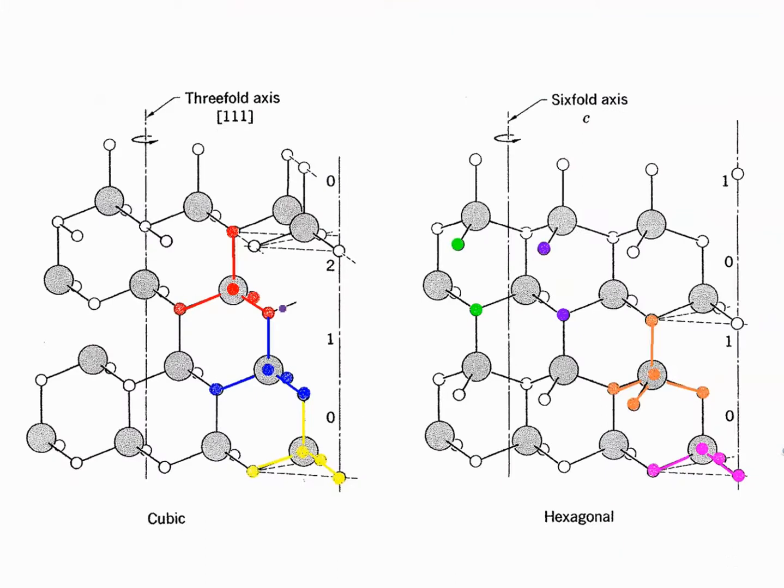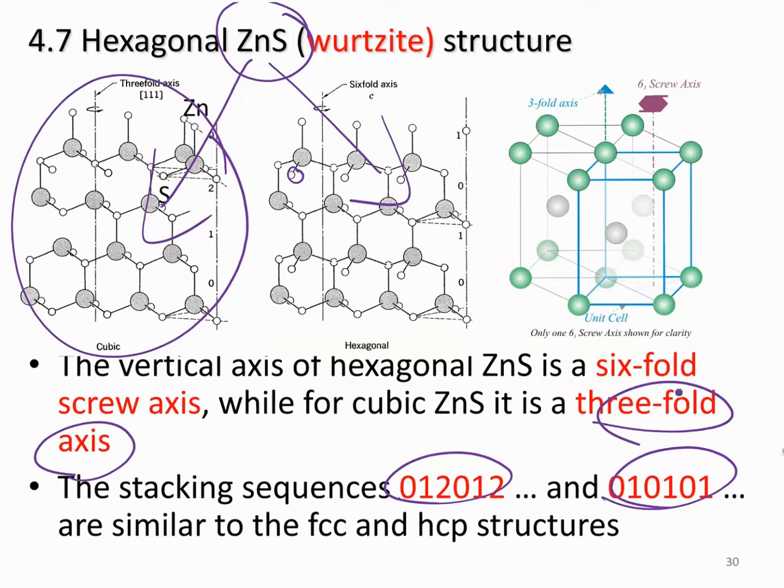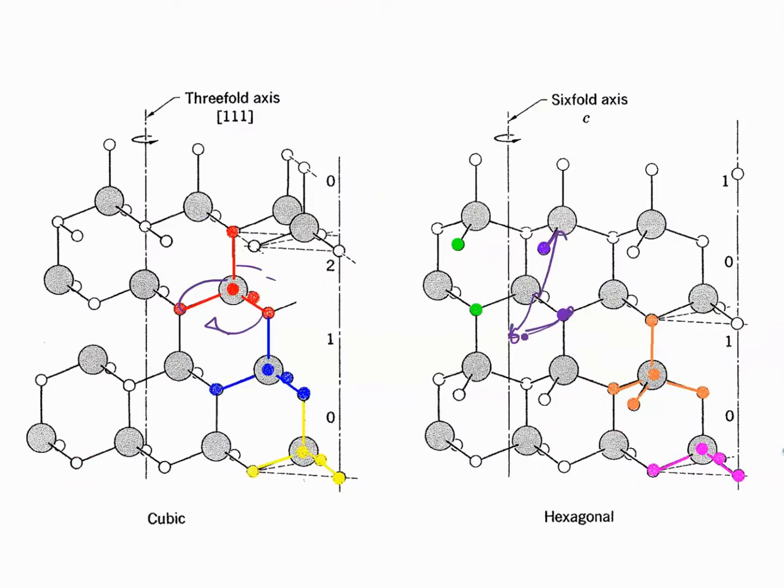So this picture shows how the 3-fold axis works. You can see that this can rotate 3-fold, and then this is how the 6-fold screw axis works. The purple one, you can see that it rotates by 60 degrees and then translates. Screw axis means rotation plus translation, right?